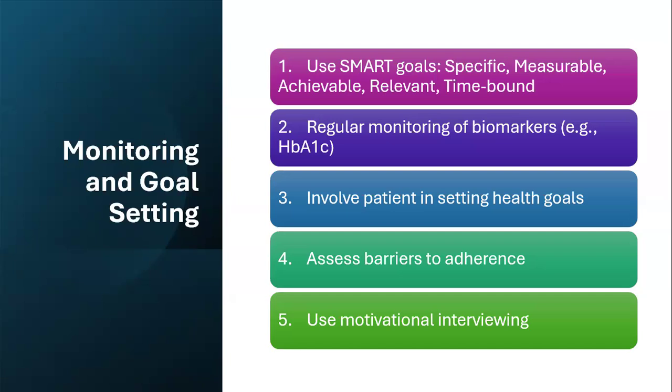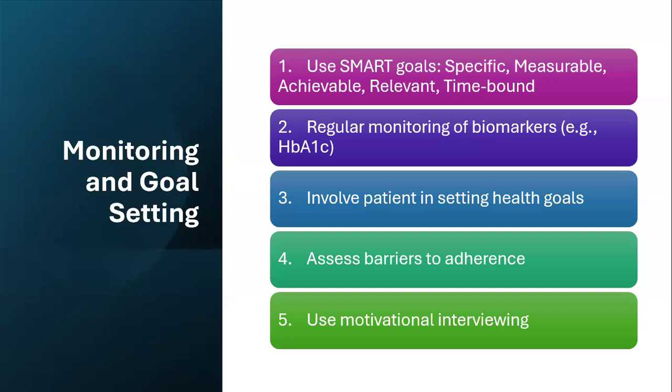If you can't measure it, if it is not specific, very vague, and cannot achieve, and is not relevant, and cannot be done within the time frame of the patient's life, then of course it's useless. So you have to use SMART goals, like, for example, regular monitoring of HbA1c in a patient with diabetes.